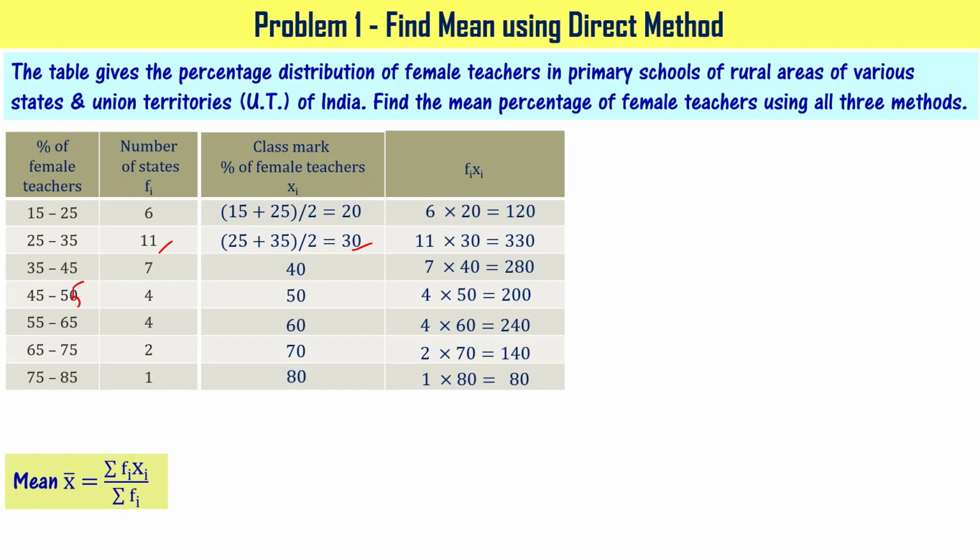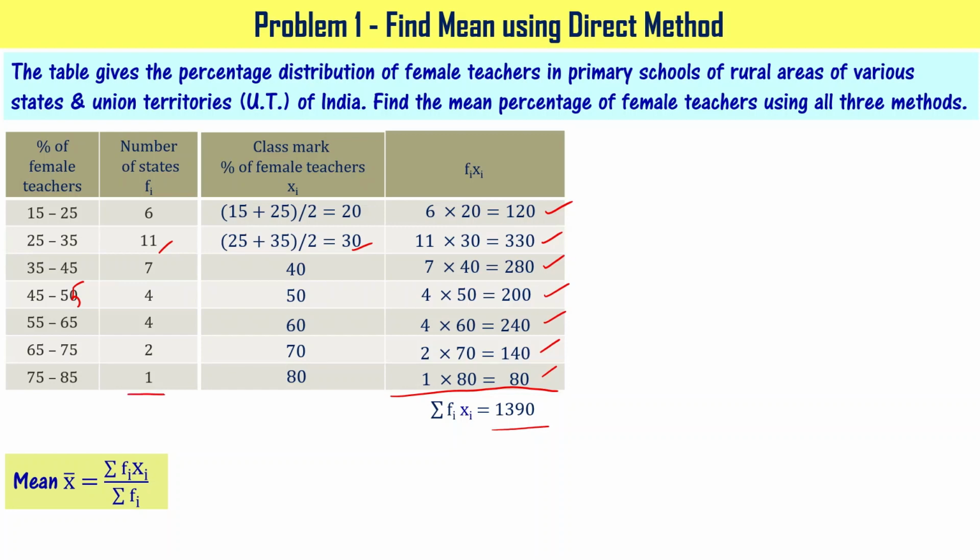Now let's find the sum of all these values. Sigma fi xi is going to be 1390. When you sum the values 120 plus 330 plus 280 plus 200 plus 240 plus 140 plus 80, that is going to be equal to 1390.